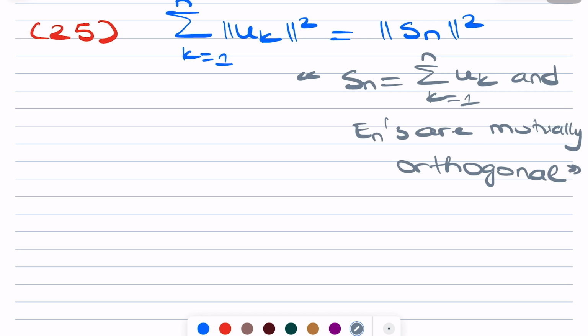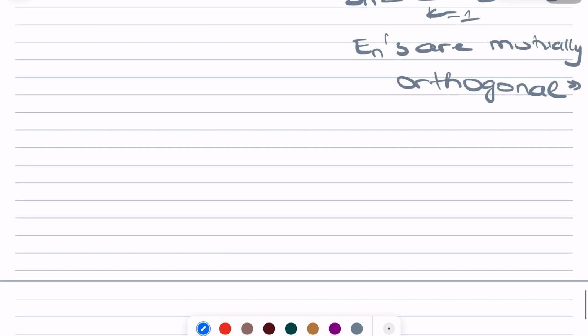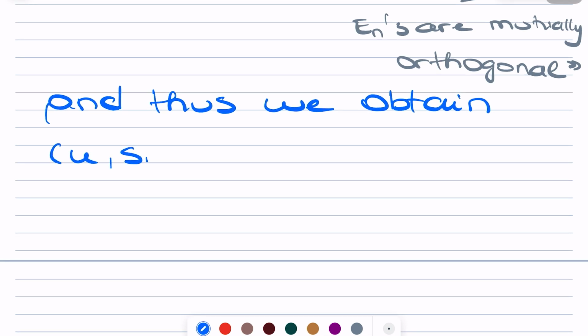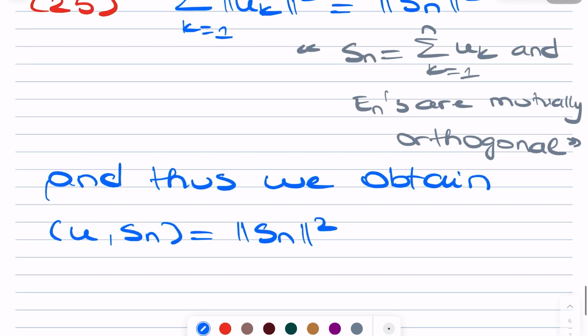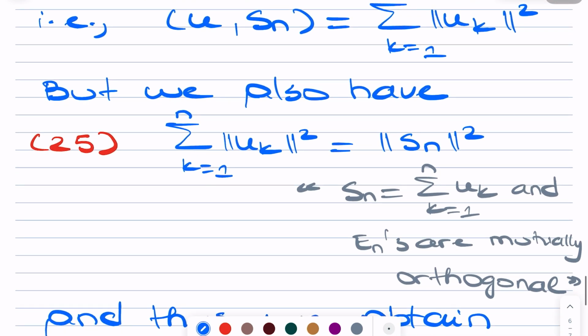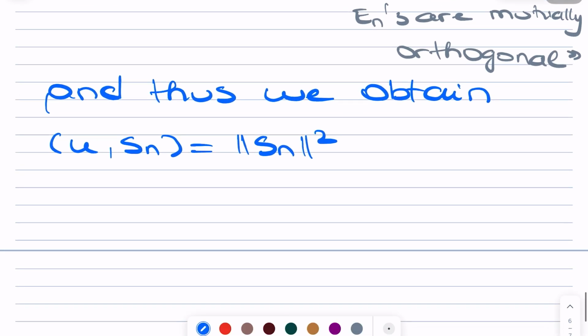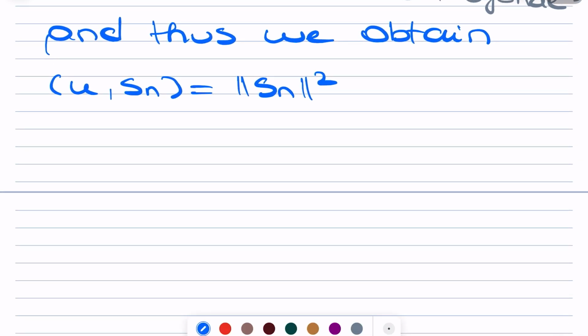Okay, so we also have 25, and thus we obtain that the scalar product of u and Sn is equal to the norm of Sn squared, if you replace this here.